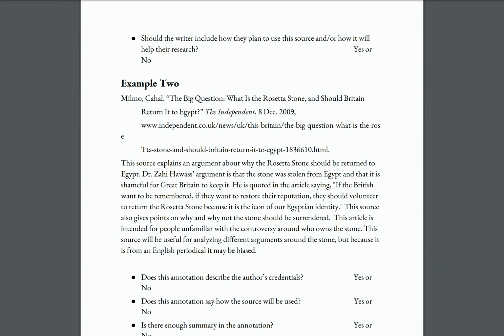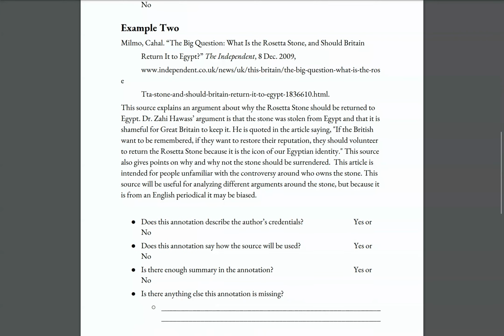The source also gives points on why and why not the stone should be surrendered. This article is intended for people unfamiliar with the controversy around who owns the stone. This source will be useful for analyzing different arguments around the stone, but because it is from an English periodical, it may be biased. So does this annotation describe the author's credentials?